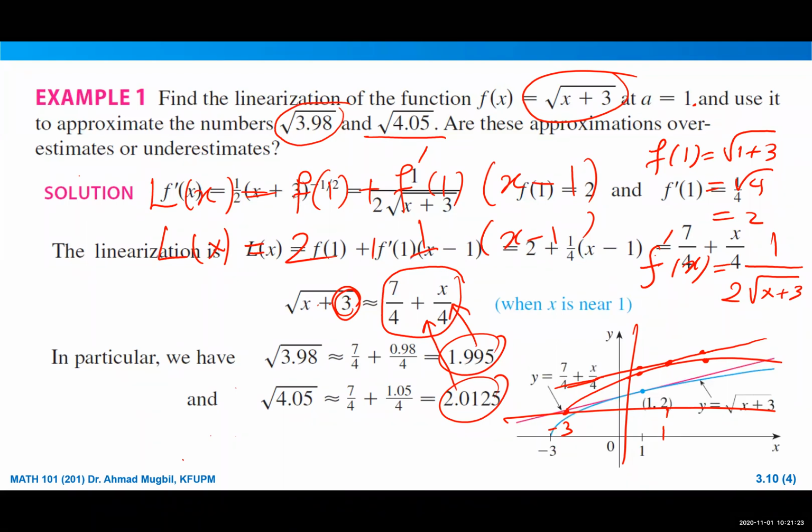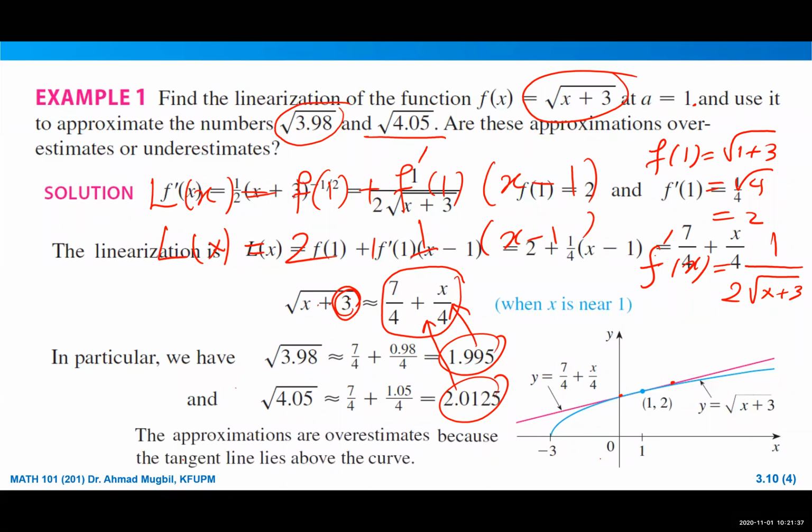They are more than the exact value. When you have 4.05, it will be some point here, above the graph. So the approximations are overestimates because the tangent line is above the curve. If it was below, they would be underestimates.